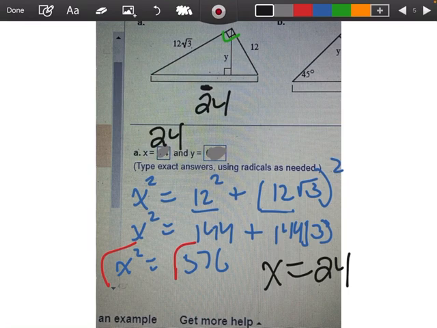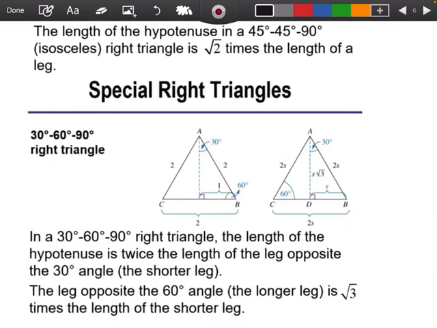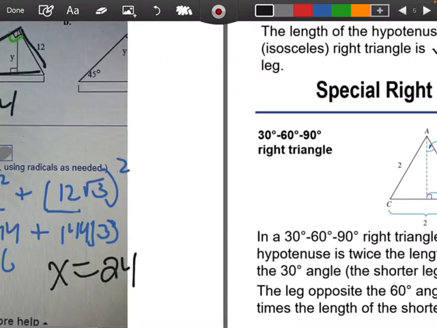So look, y'all, we have the short leg, we have the hypotenuse, and we have the long leg. In my notes, we have something about a special triangle called the 30, 60, 90 triangle. In the 30, 60, 90 triangle, the short leg is what we call S, the hypotenuse is double that, and the long leg is the short leg times the square root of 3.